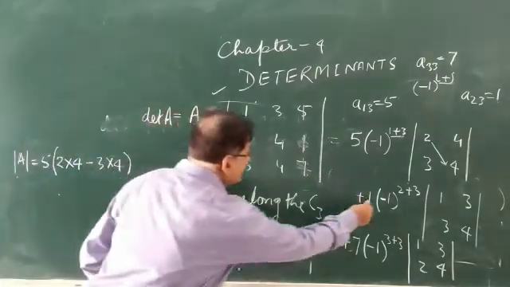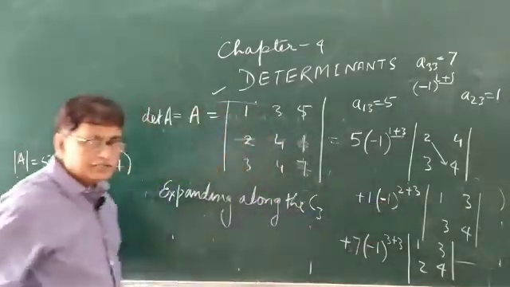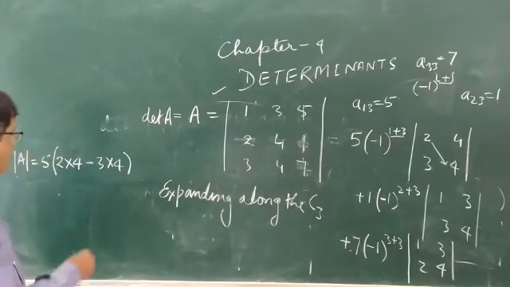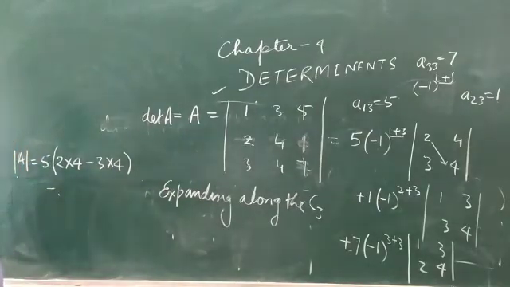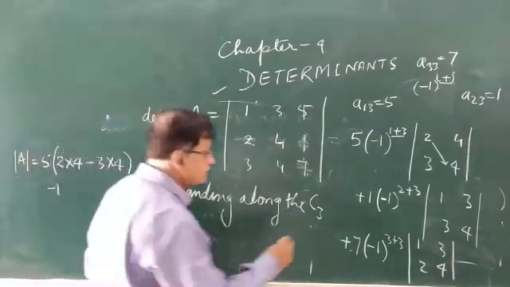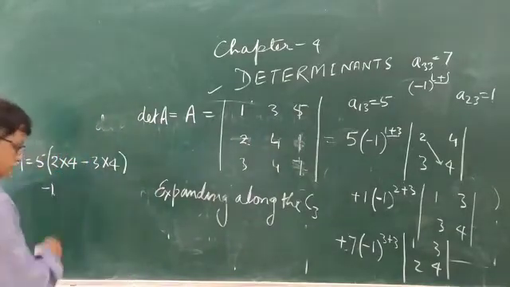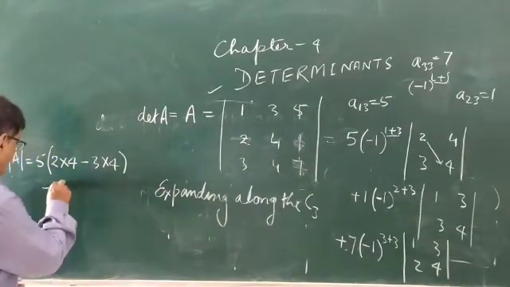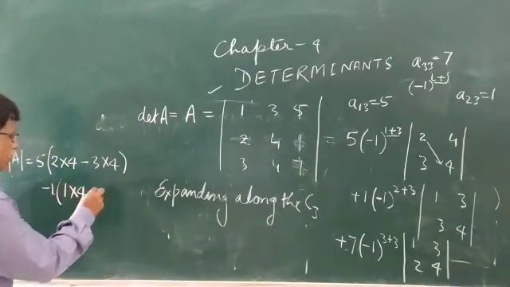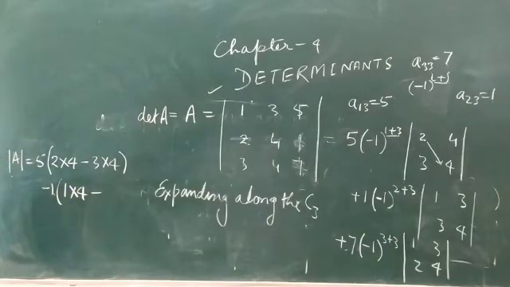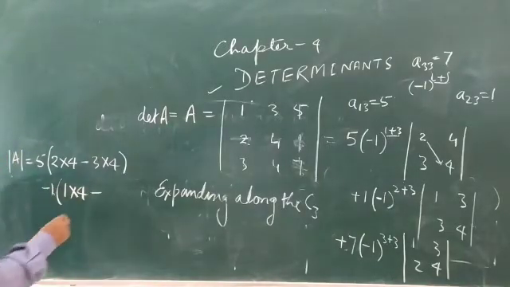Now for this, 2 plus 3 is odd, you get the negative sign, minus, and here the value of that element is 1. Now expand it: 1 into 4 minus 3 into 3.